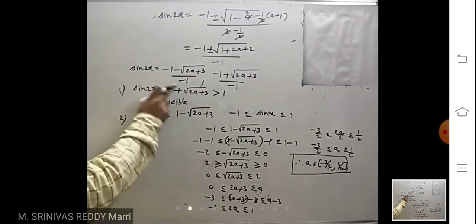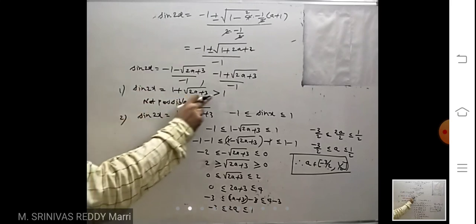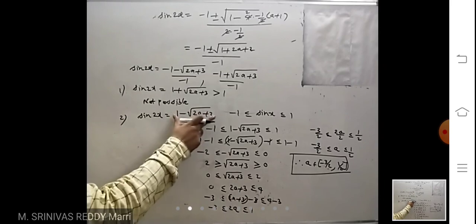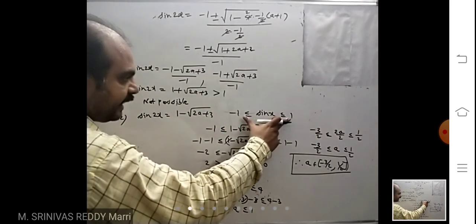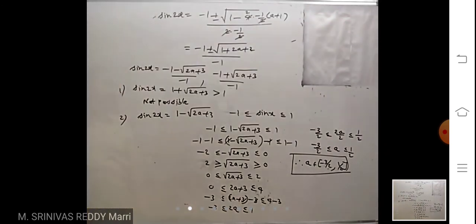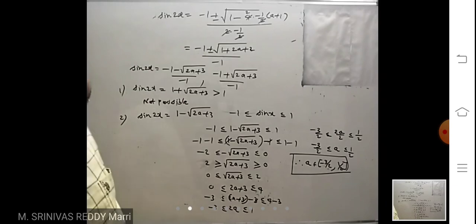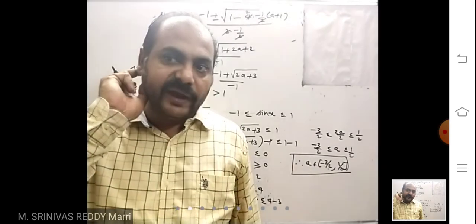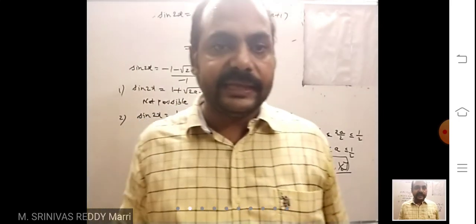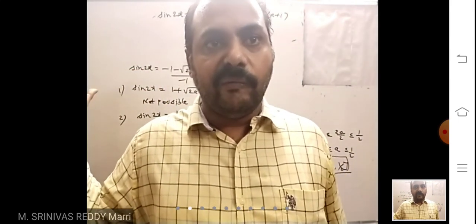After calculating sine 2x, one value is greater than 1 and the other value must lie between minus 1 and 1. After that you have to solve for the a values. So in these models, you form a quadratic equation, find the sin x or cos x value, and then keep it between minus 1 and 1.